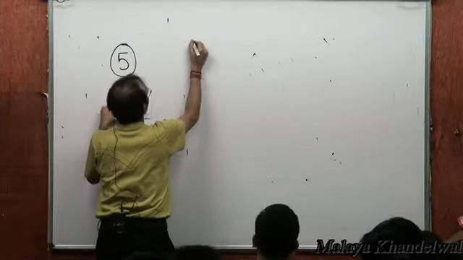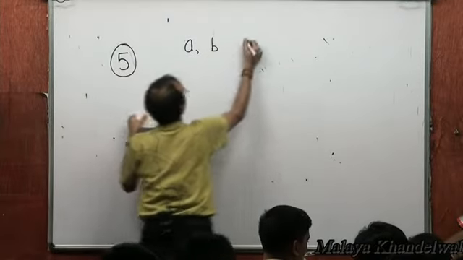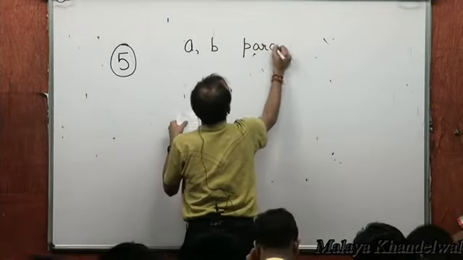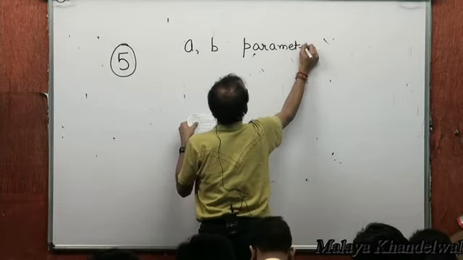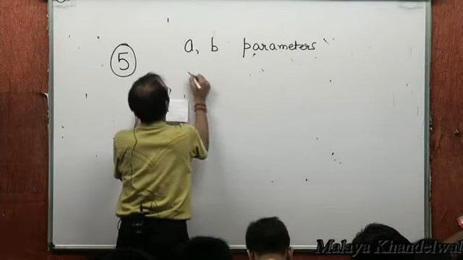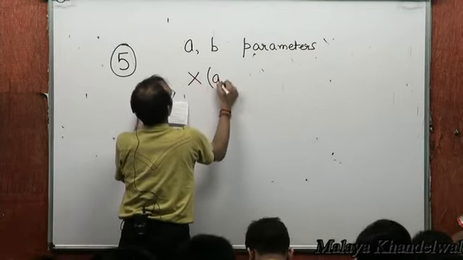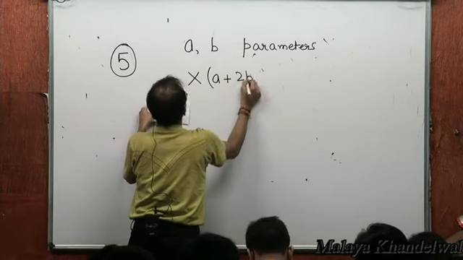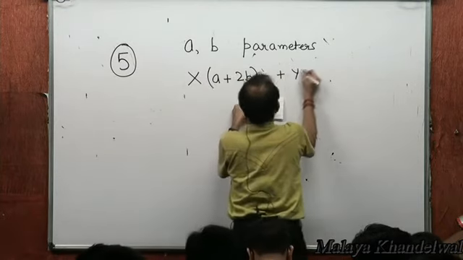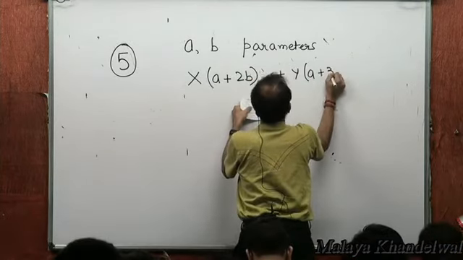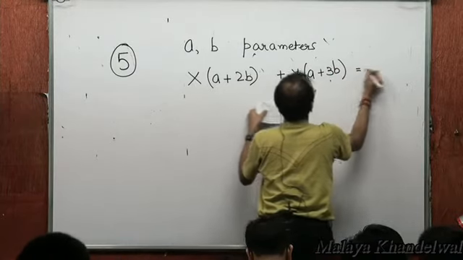Now we have a and b as parameters. X into a plus 2b plus y into a plus 3b is a plus b.